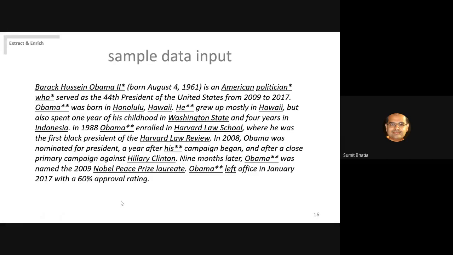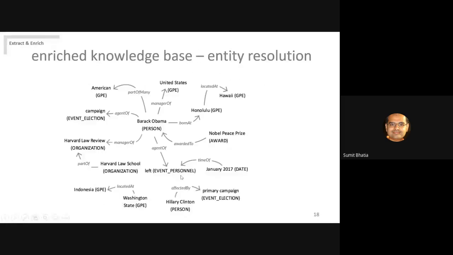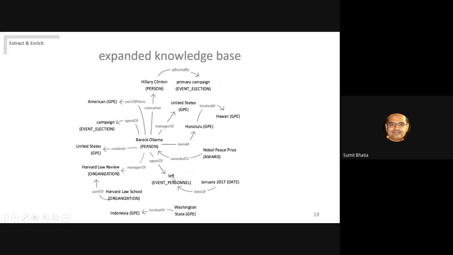It's just that these entities have appeared together in the text. So we add a dummy relationship called collocation. Here, if you see, we have connected Hillary Clinton to Barack Obama with a dummy relationship called collocation.